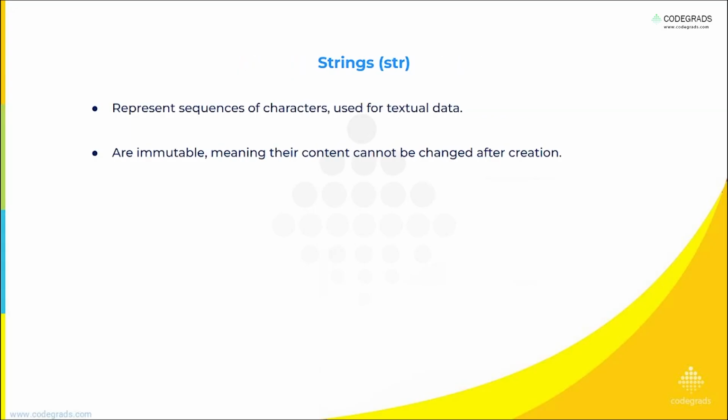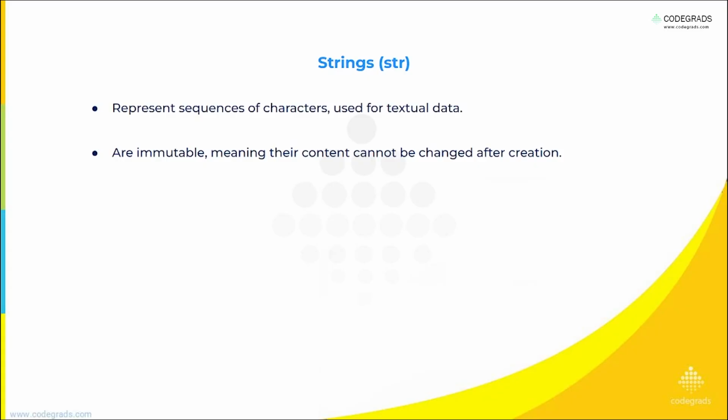So moving on, we have strings. Strings represent a sequence of characters used for textual data and are immutable, meaning their content cannot be changed after creation. So a string is a sequence of characters written in code.